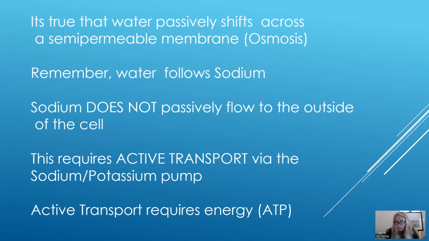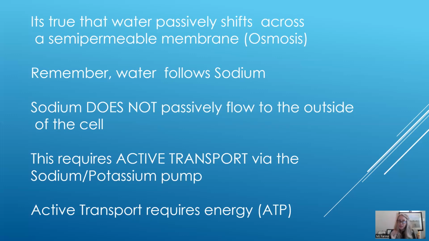And that's true. But what we have to remember is sodium does not passively cross the semipermeable membrane. That's going to require active transport to pump sodium out of the cell against its concentration gradient. That's why it's active transport.